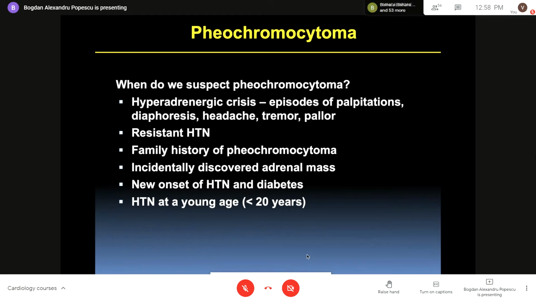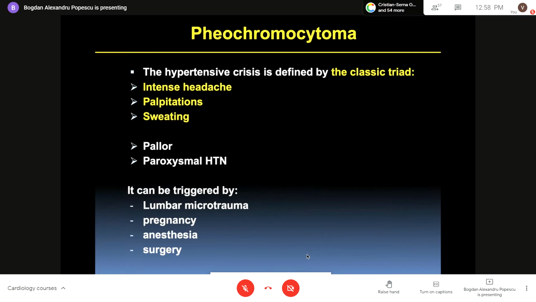For example, you do an abdominal imaging study for some other reason, and then you see a mass, or you have new onset of hypertension and diabetes, or there is an early onset of hypertension in a very young patient below 20.